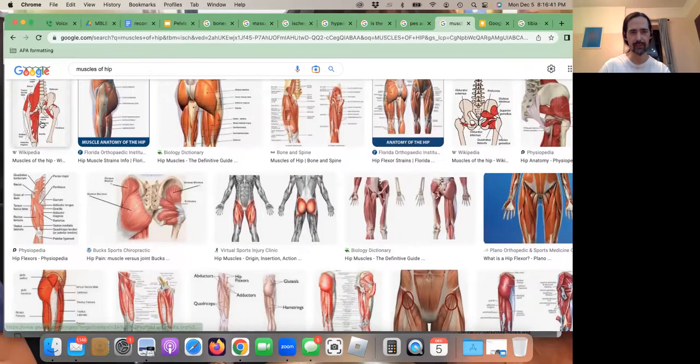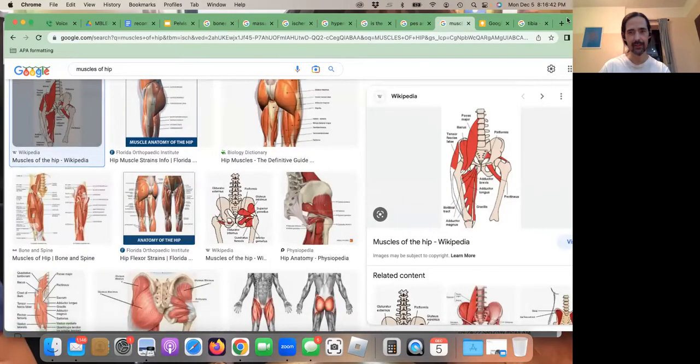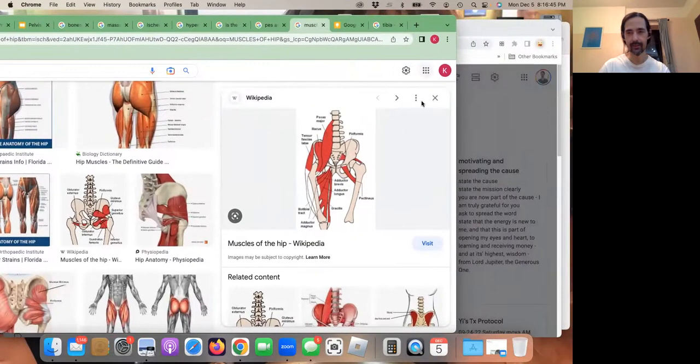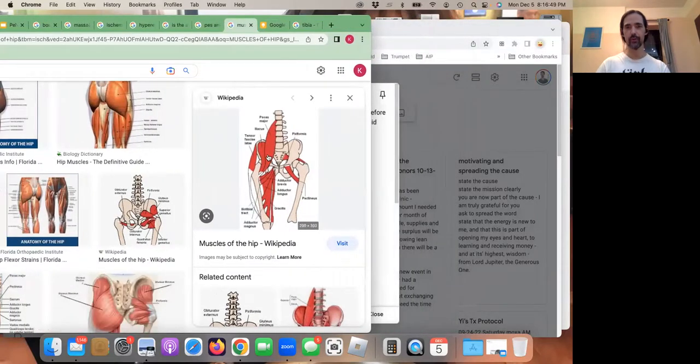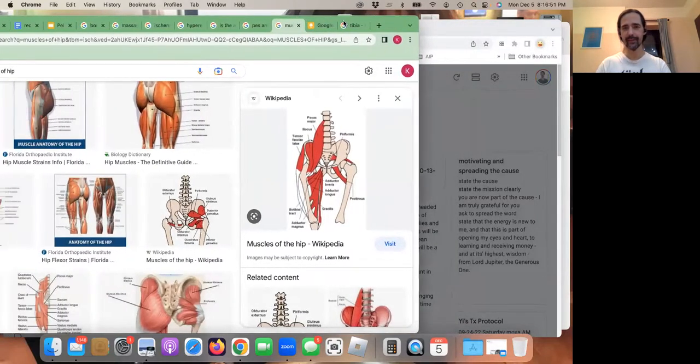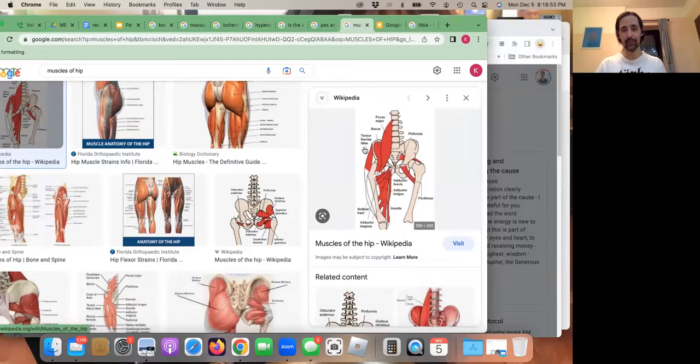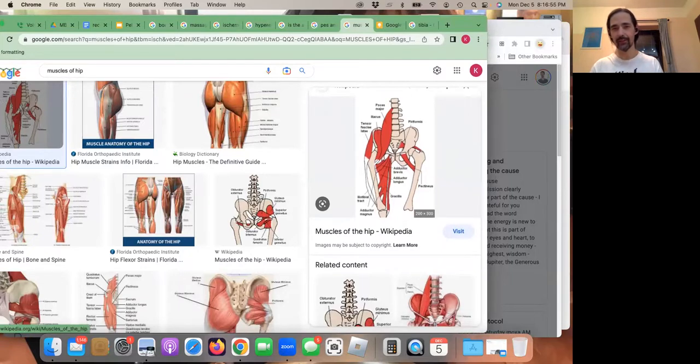Ooh, man, look at that. Looks like a transformer or something. That's huge. All right, what a mess.